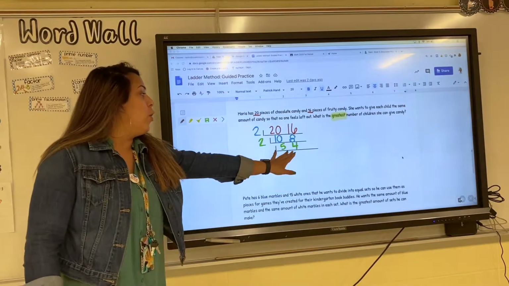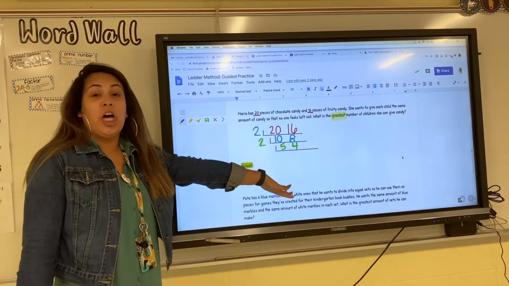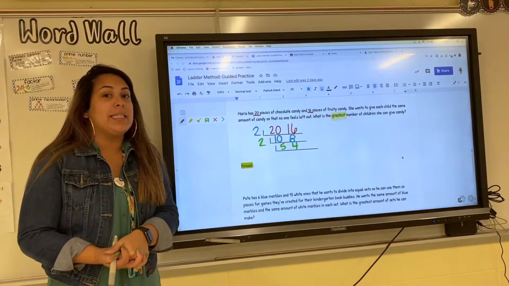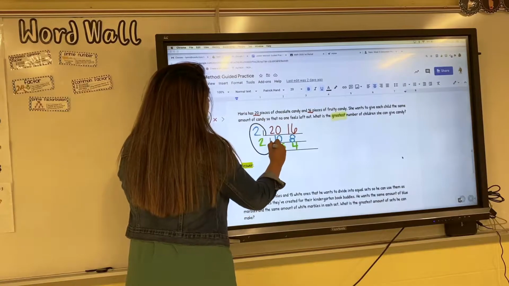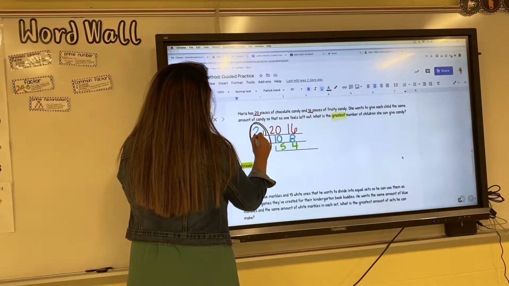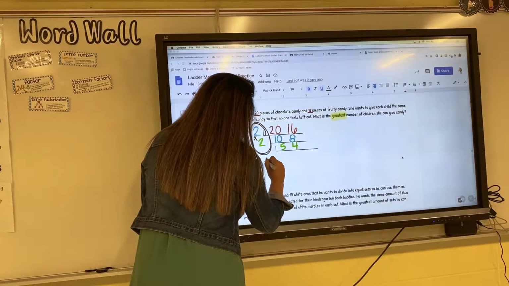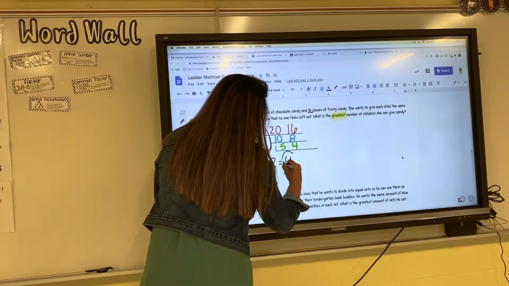So since the only factor these two numbers have in common is 1, I'm done factoring out. But remember, we're not done finding our greatest common factor. We have to multiply the numbers on the outside by each other. In this case, we have 2 times 2, which gives us our greatest common factor being 4.